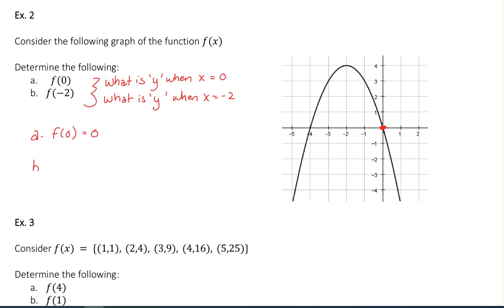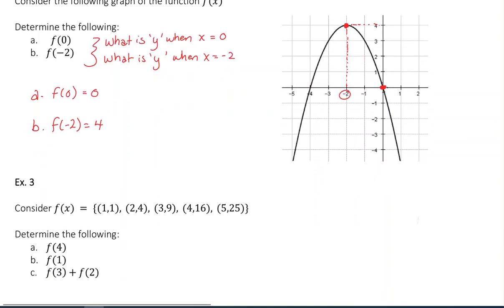What about B? Where is x equals -2? It's right here. Now I'm going to go up until I find where that crosses, and that's the point I'm looking for. If you look at that, that is where y is equal to 4. So f of -2 is equal to 4. In other words, when x is equal to -2, y equals 4.